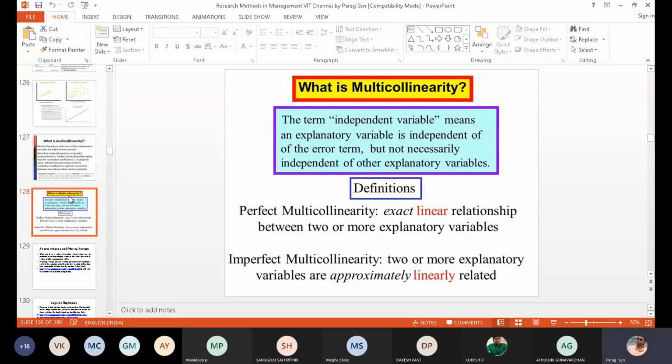Suppose you have found that there is a high correlation between red meat consumption and the possibility of colon cancer. It doesn't mean that red meat consumption is the cause and the possibility of colon cancer is the effect.